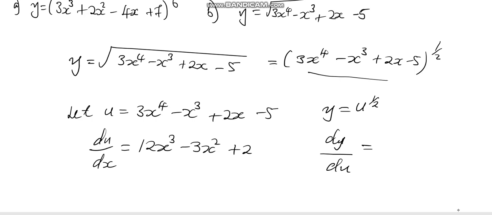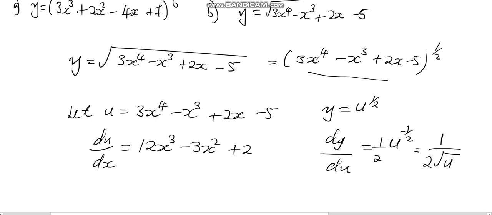So half times the coefficient, we get 1 over 2. Then u to the power half minus 1 gives negative half. If the power is negative, it means this goes to the denominator. Anything raised to the power half is just the root, so this is equal to 1 over 2 root u.